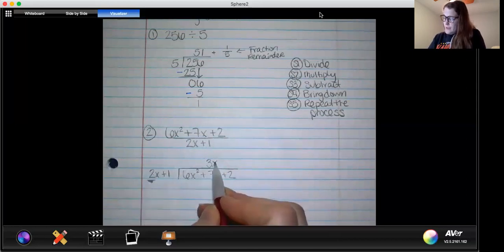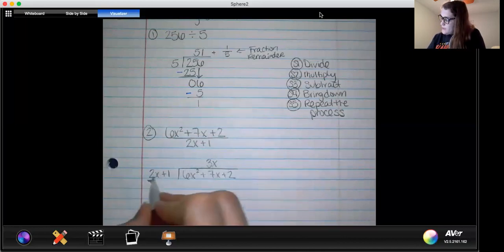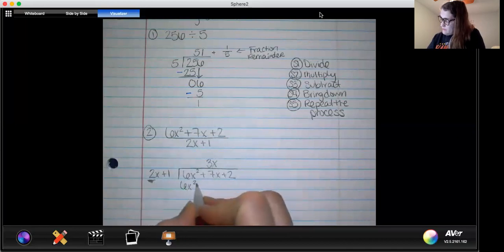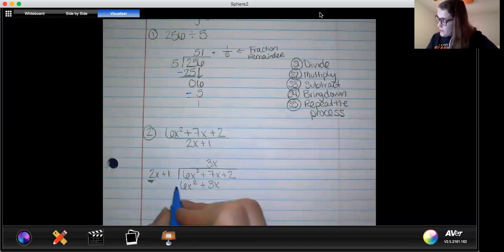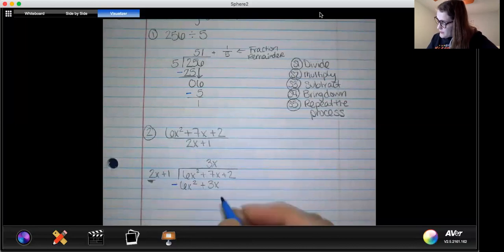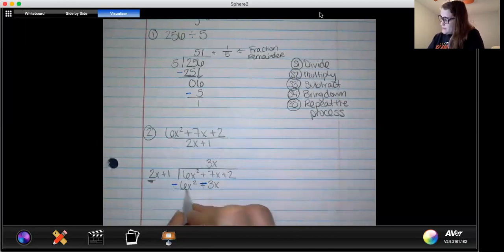Now we need to multiply. Now when you multiply, you are going to multiply to both terms. So 3x times 2x is 6x squared, and 3x times 1 is positive 3x. Okay, here's where things get important. So remember, it's important to think about subtracting as an opposite color or a highlight or anything, but the most common misstep is forgetting to subtract and changing what would have been a positive to a negative, or in some cases what is a negative to a positive.